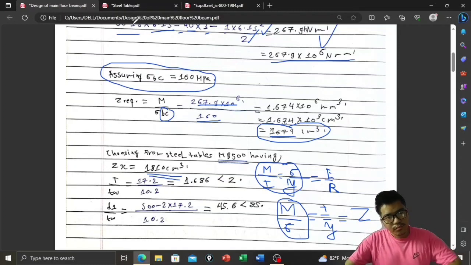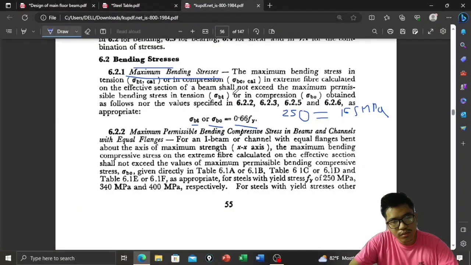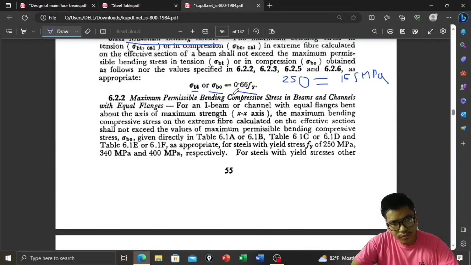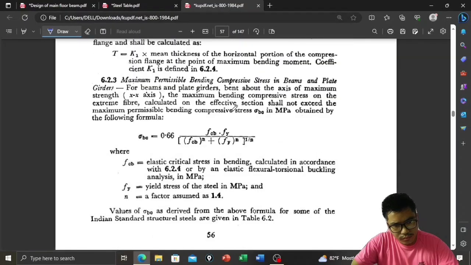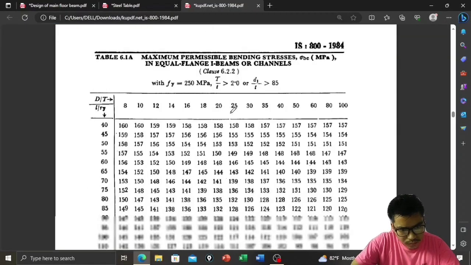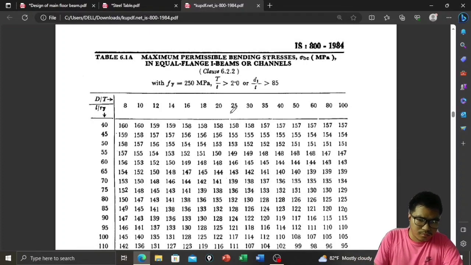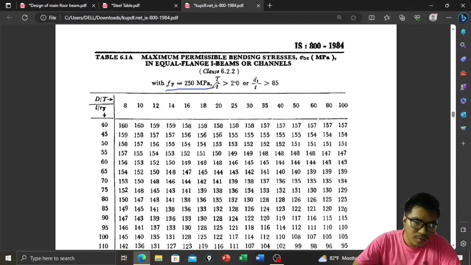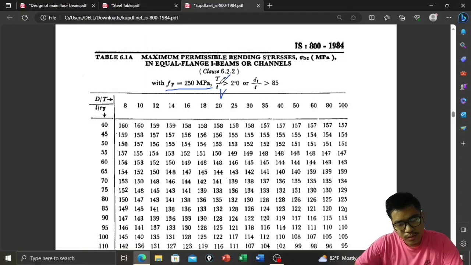So from this IS code, for Fe 250, this is the table for Fe 250, and we need the value of capital T, small t, this is the thickness of flange, this is the thickness of web, and d1, l, and ry.